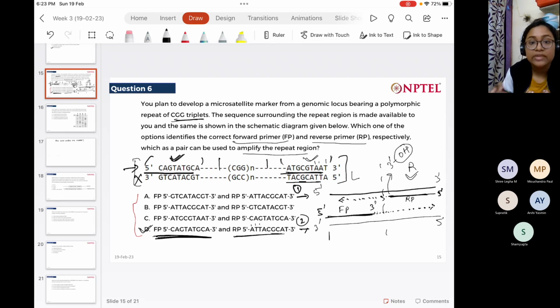And the reverse primer will be complementary to the 3' end sequence if you read from the 3' end. So if you're not given the sequence reading from 5' to 3' end, you can design your primers by looking at this sequence only.